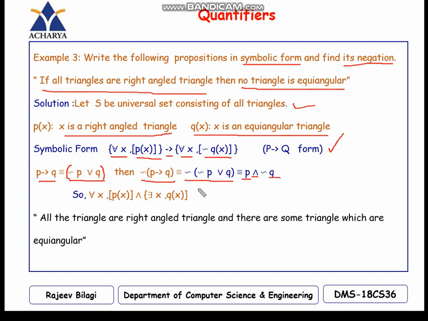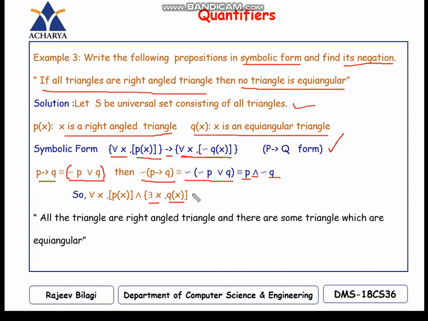For all x, P of x, and negation of Q is what? For this, for all becomes for some. So negation of Q of x, already negation is there, so negation of negation is Q of x.